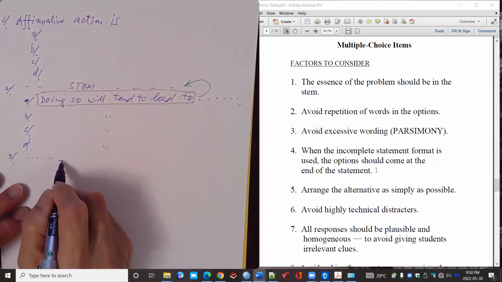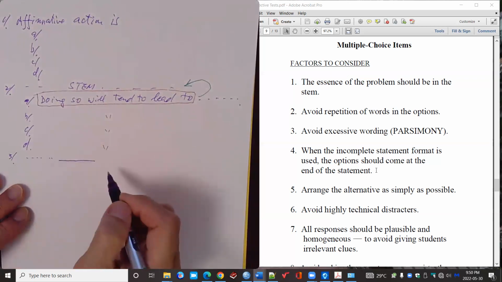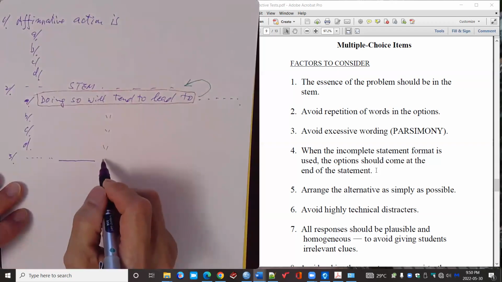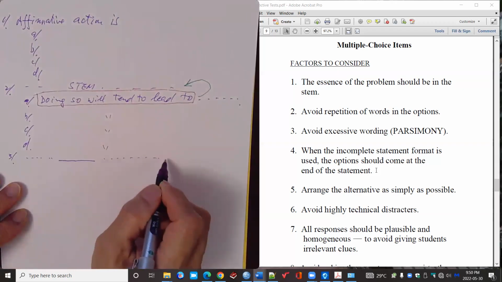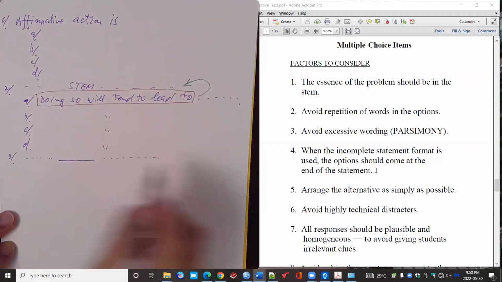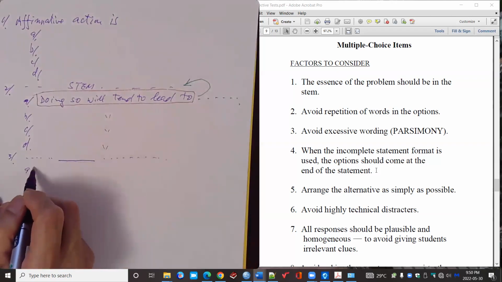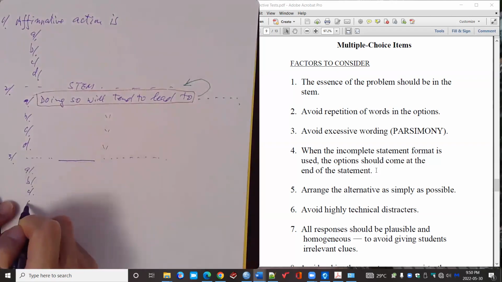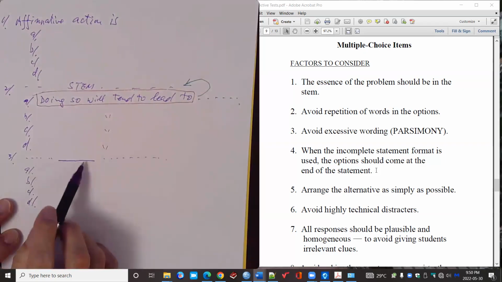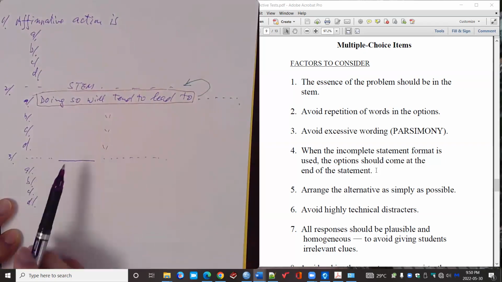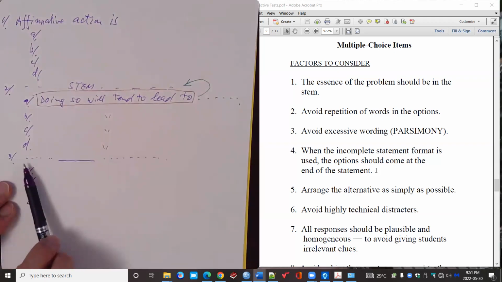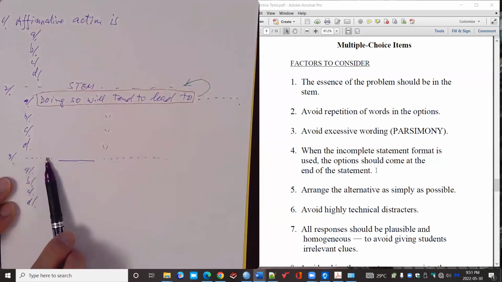See, this here, and that one, this here. Okay, of course you have A, B, C, D. This is not good. Okay, because well, the examiner will have to read this.